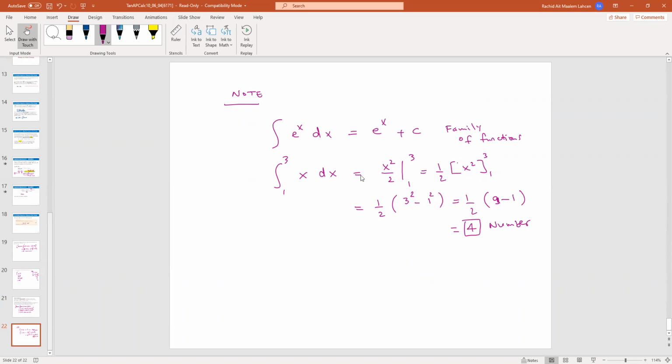Since this is above the x-axis, this number represents an area.